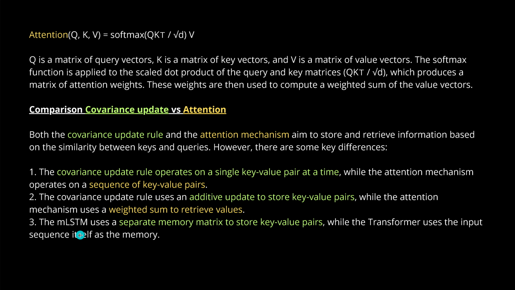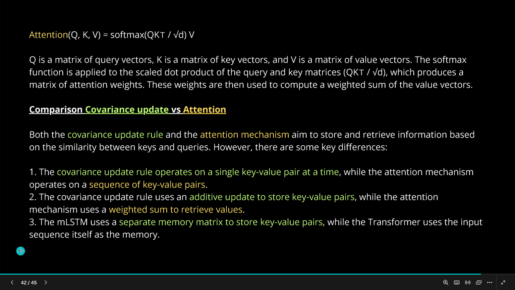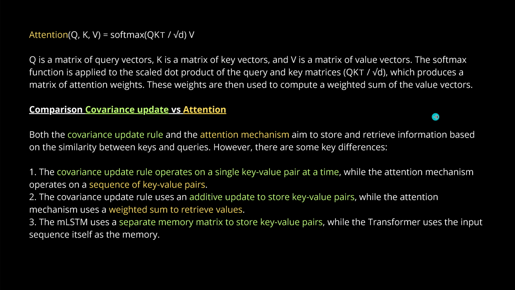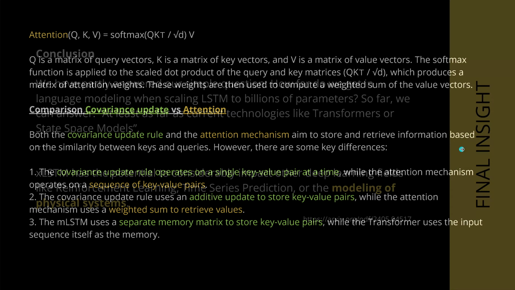And third, matrix LSTM uses a separate memory matrix to store the key value pairs, while the transformer uses the input sequence itself as the memory. So you see, there is a significant difference to the transformer. But if you want to understand the core mechanism, the core functionality, those two systems are not so far off.